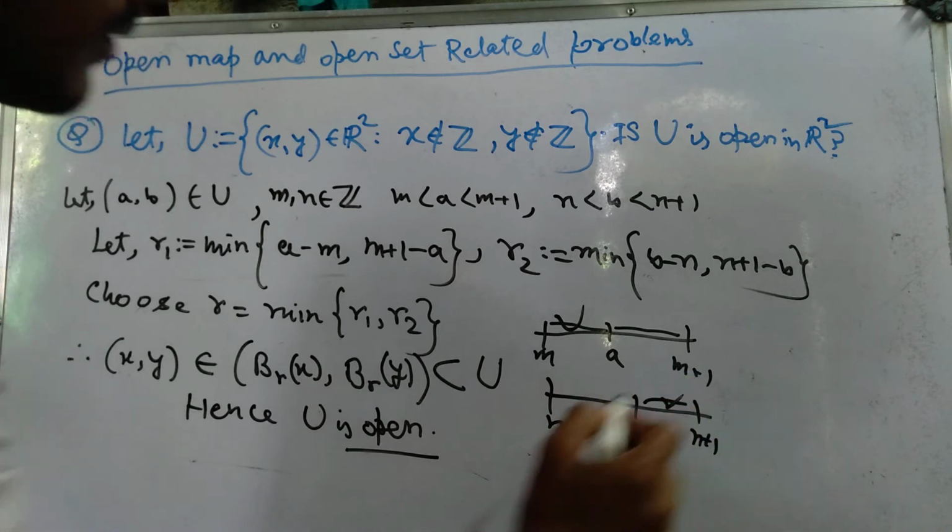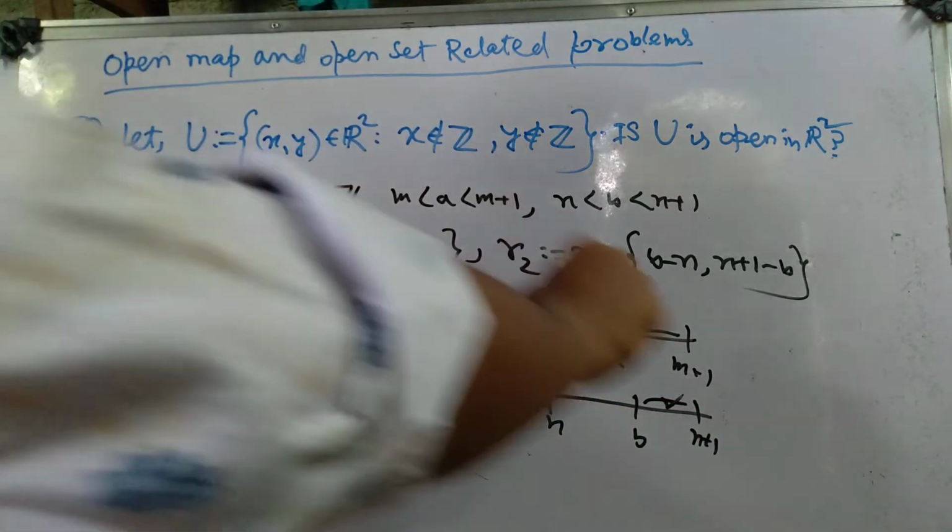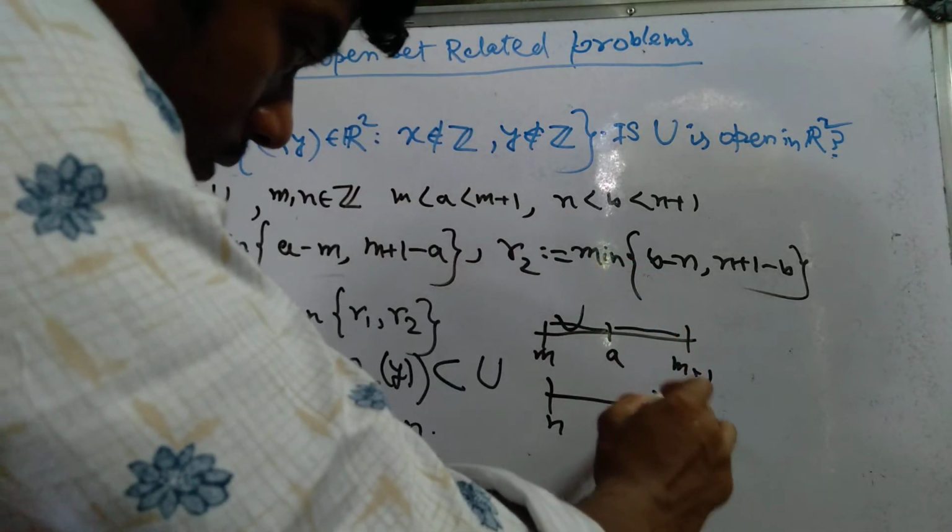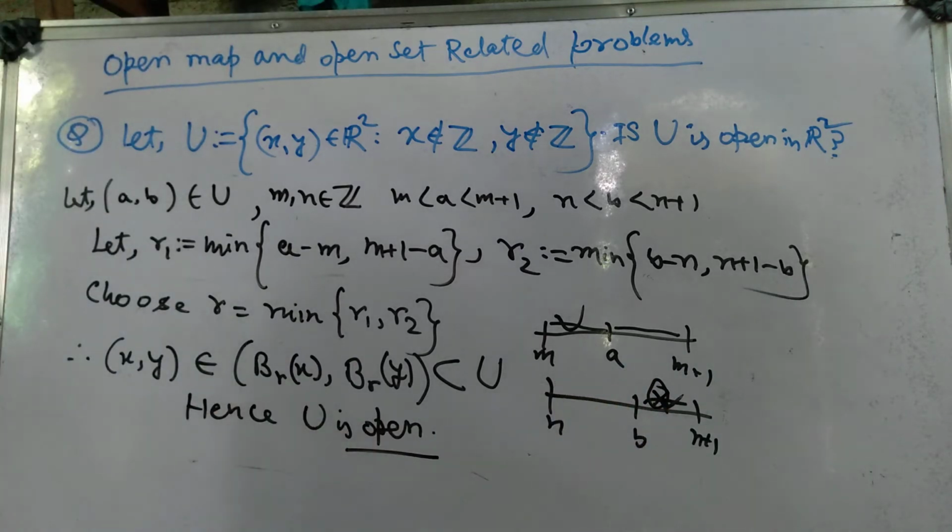This one is the minimum part, and this one taken is r. If x belongs to B_r(x), then there is no integer obviously.